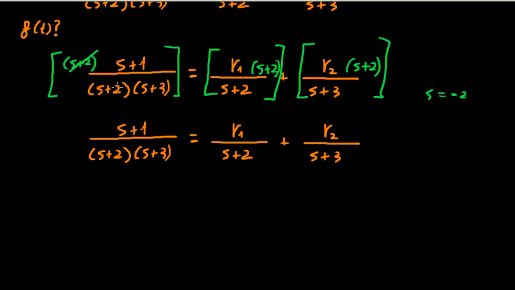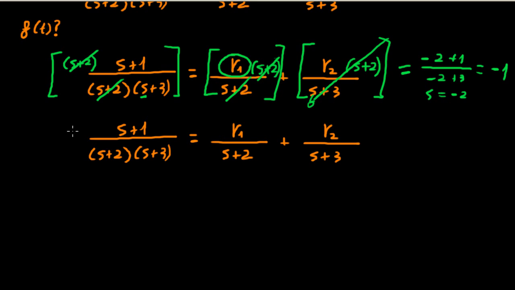So here this goes with this, and all this goes to 0, leaving only r1 on the right hand side. So r1 is equal to minus 2 plus 1 over minus 2 plus 3, and that's equal to minus 1.